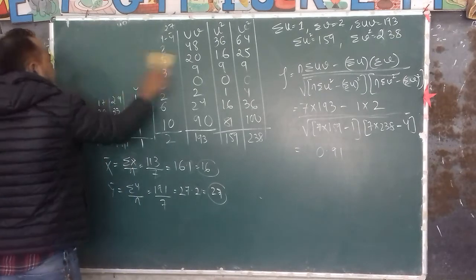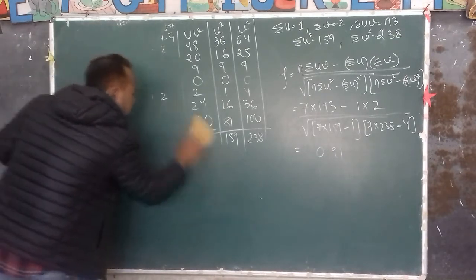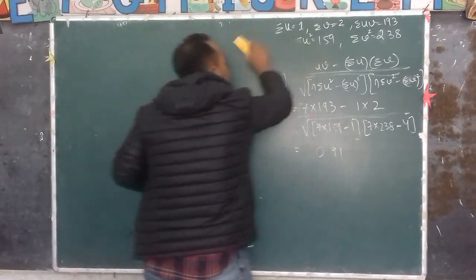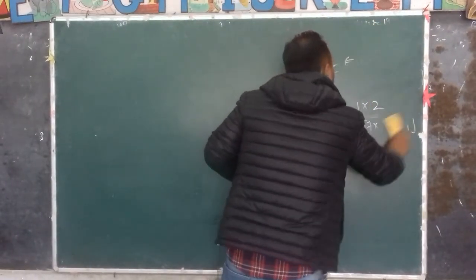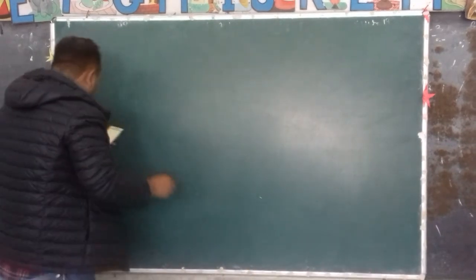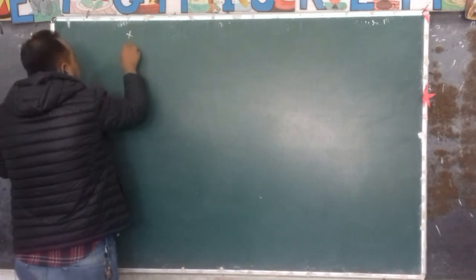So I'll just give you a few questions for homework. You are bound to get one question from Karl Pearson. So please go through the solution and try to do this question. So x and y.